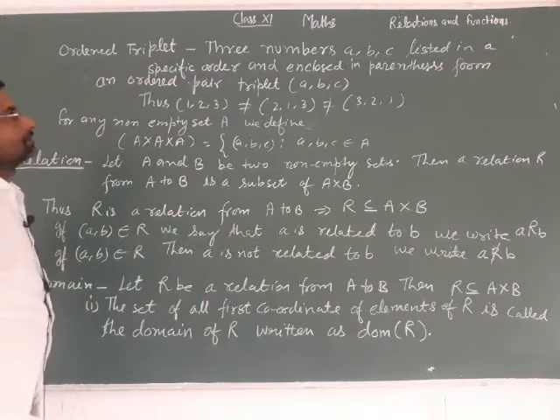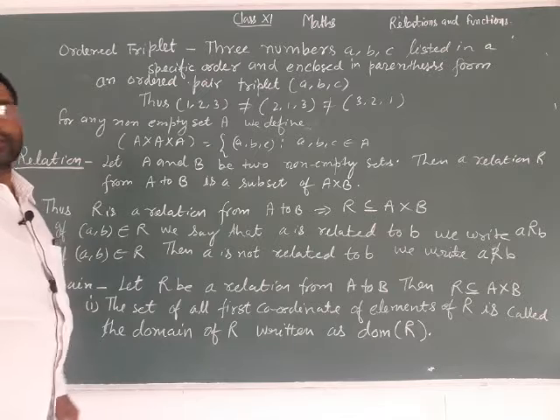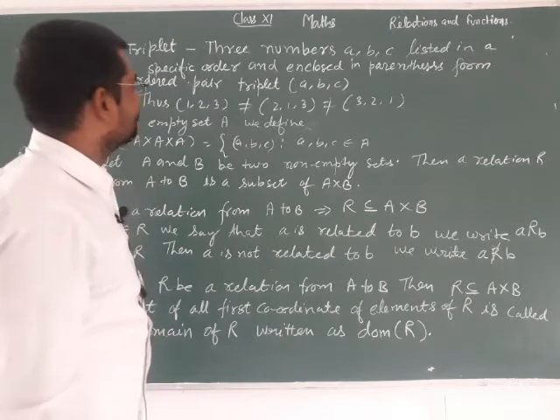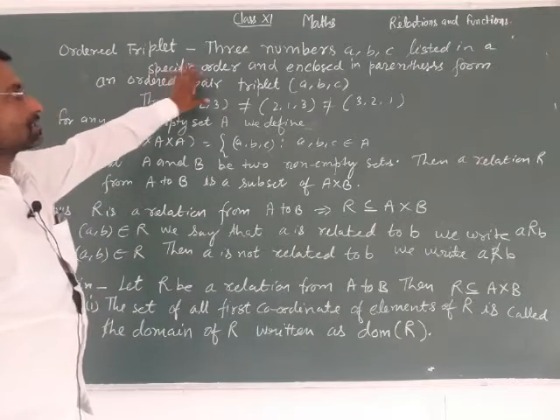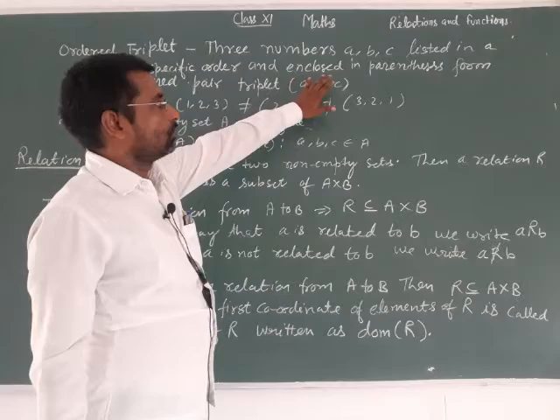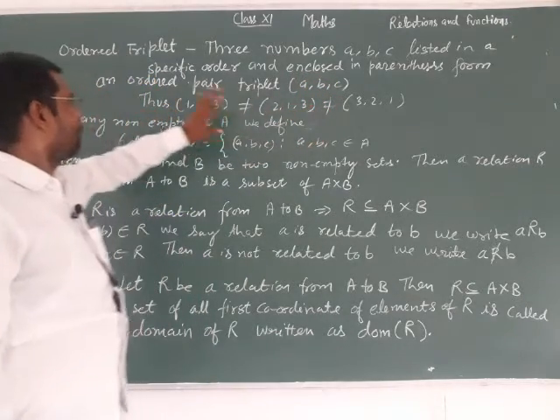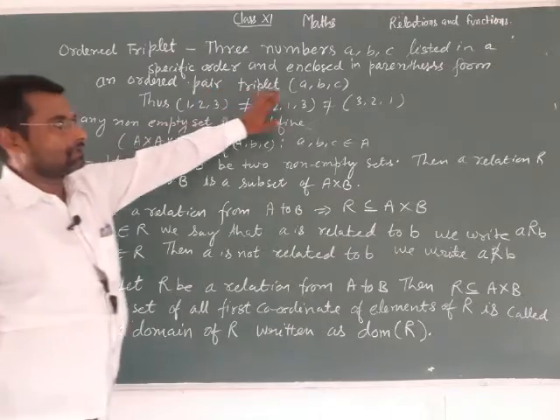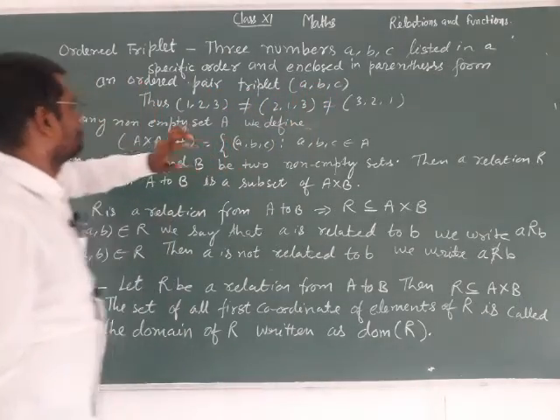Ordered triplet. Three numbers a, b and c listed in a specific order and enclosed in parentheses form an ordered triplet (a, b, c).